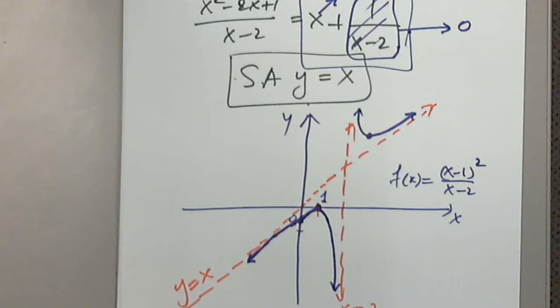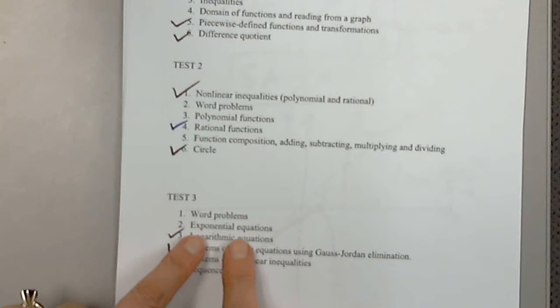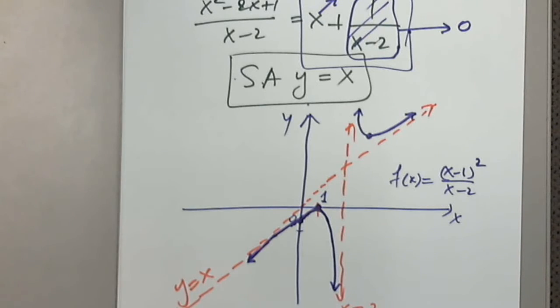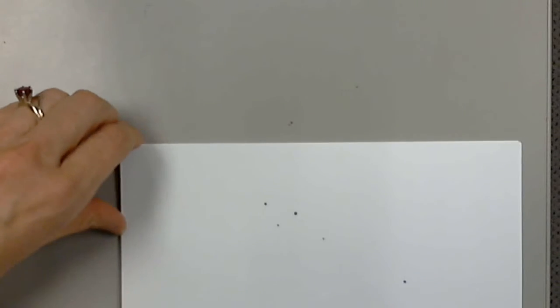What about exponential equations? Are we comfortable with that, or do we need exponential equations? Say it again. Yes. Do you want to choose one from this test that I just returned, or do you want me to choose another? There was an exponential equation in this test if you want me to do that one.